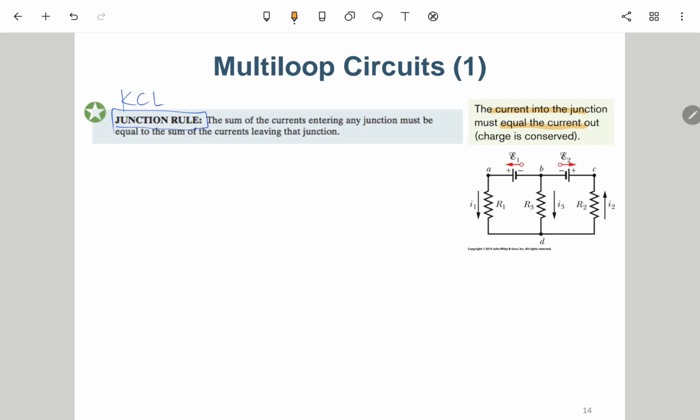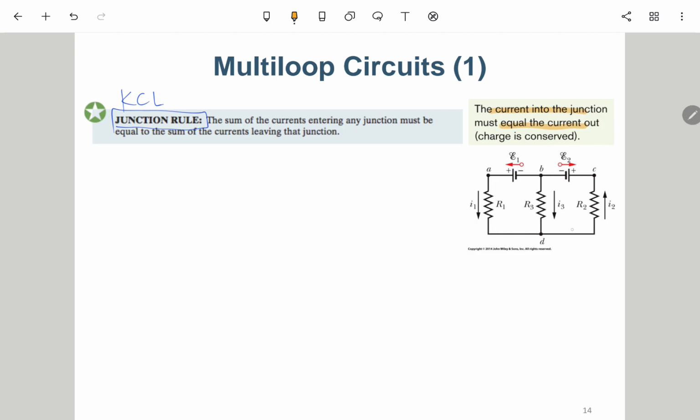It will make things easier, because if you define some currents going in and some going out, you will get confused at some point and make mistakes. So my experience is to define all the currents as going in or going out for the same node.